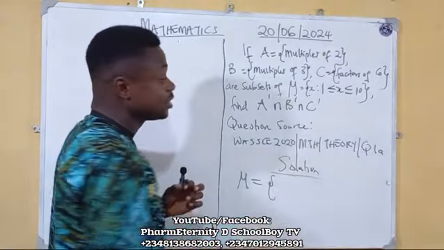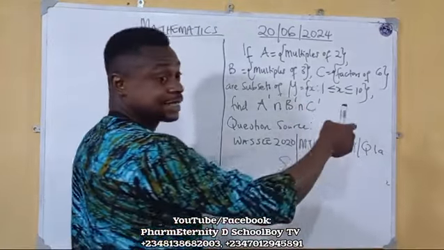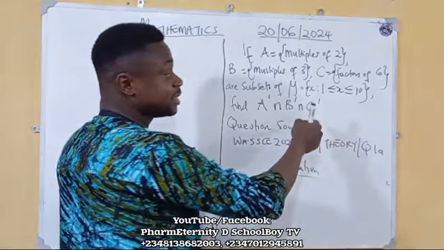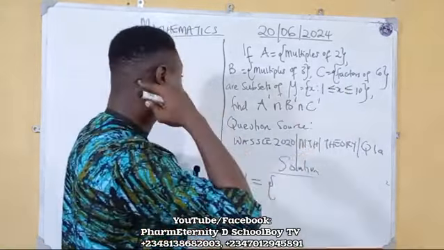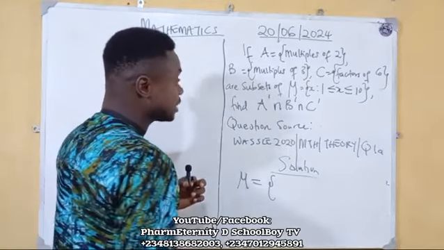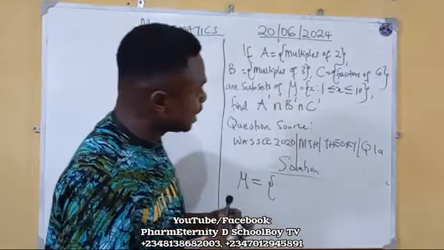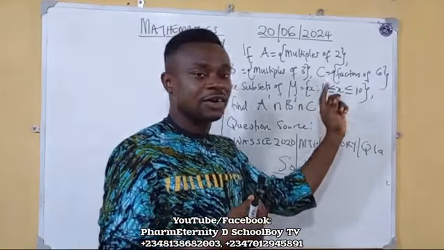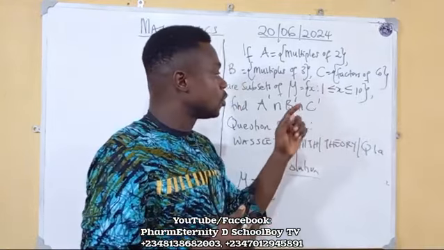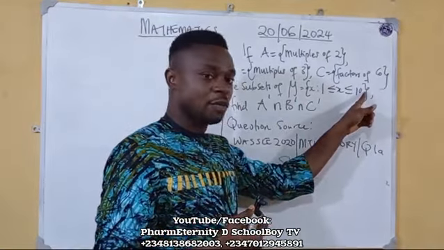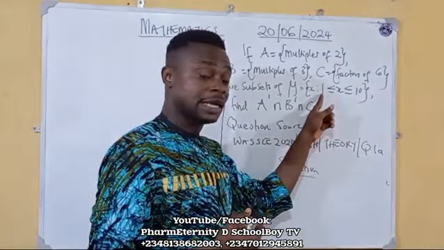Had it been just only 1 is less than X, that means X will start from 2. But this equal to means that 1 is inclusive. So X will start from 1. And the same, X is less than or equal to 10. So this is the upper limit, and this is the lower limit.